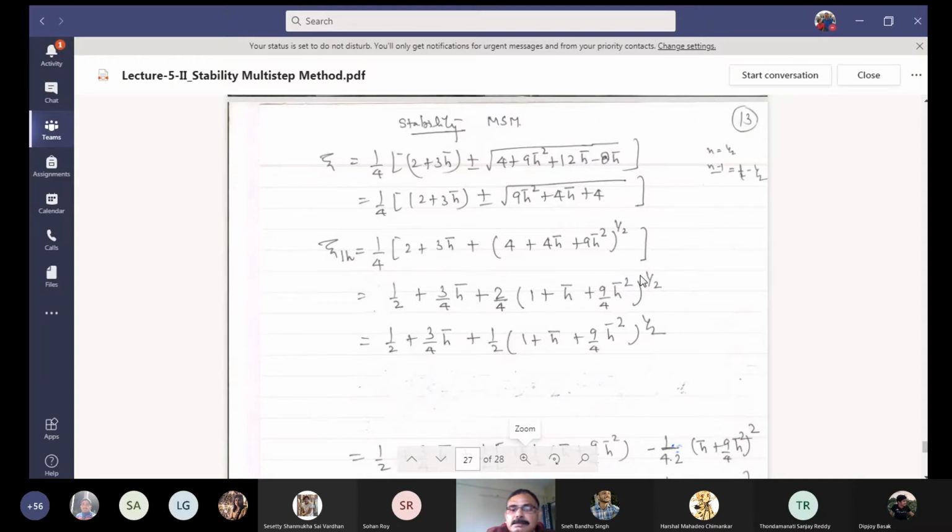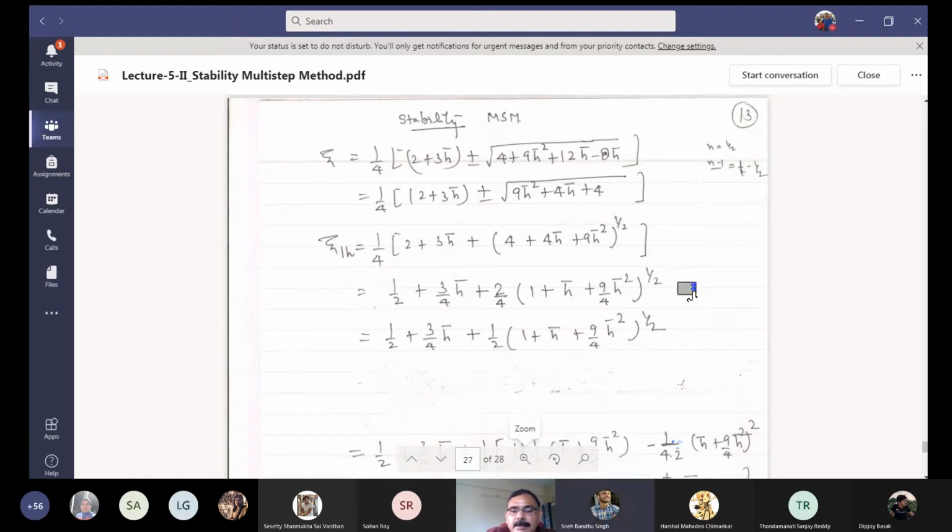Is this clear? Yes, sir. Now we'll use the binomial expansion, writing this as 1 plus x, where the x part will be h bar plus 9 by 4 h bar square, right? Yes, sir. Okay.